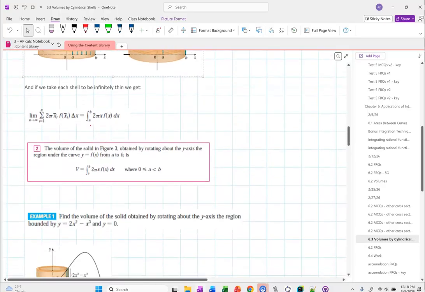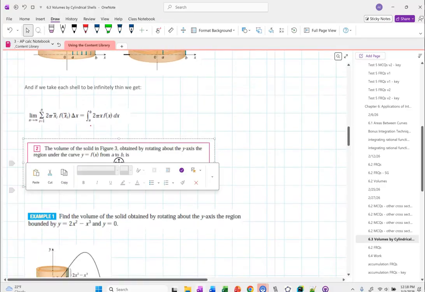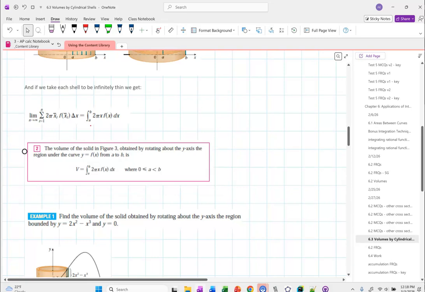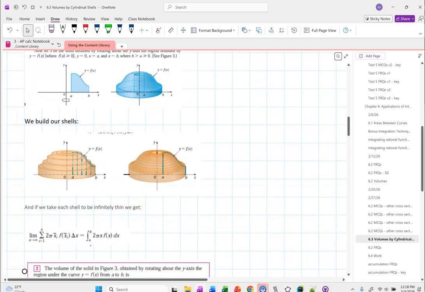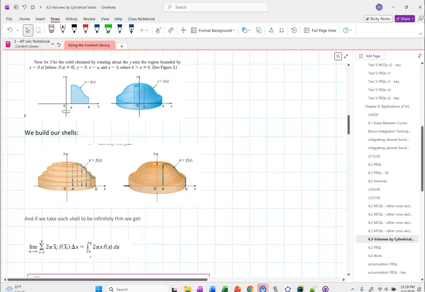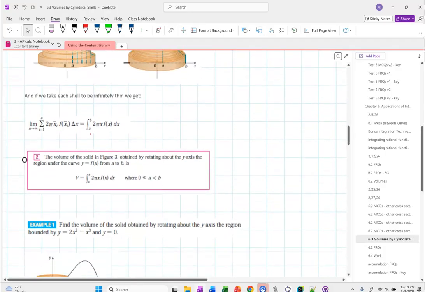So for this figure up here that we looked at, the volume is just going to be the integral from a to b, 2 pi x f of x dx. Again, 2 pi r times h times delta x, or delta r.